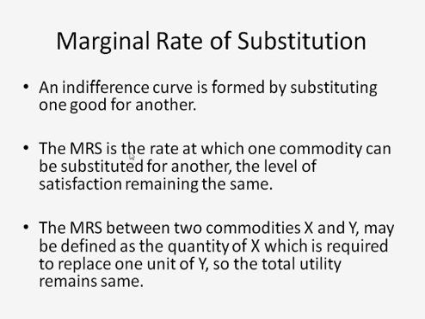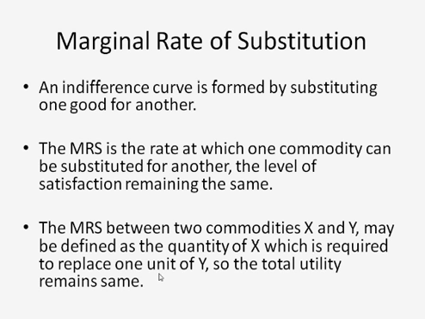The marginal rate of substitution is the rate at which one commodity can be substituted for another, the level of satisfaction remaining the same. The MRS between two commodities X and Y may be defined as the quantity of X which is required to replace 1 unit of Y, so the total utility remains the same.